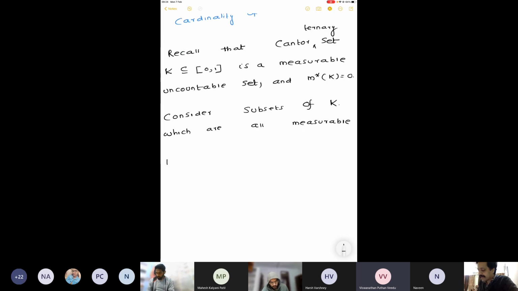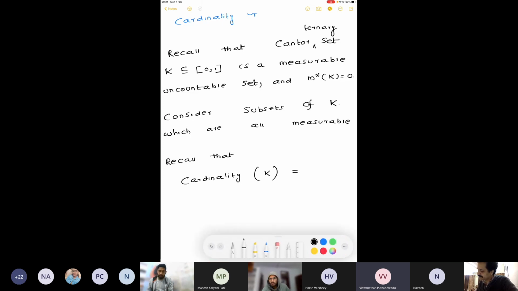Recall that K is uncountable, and it is numerically equivalent to [0, 1], and hence to R. Recall that the cardinality of K is equal to C. Do you agree? Yes, uncountable.